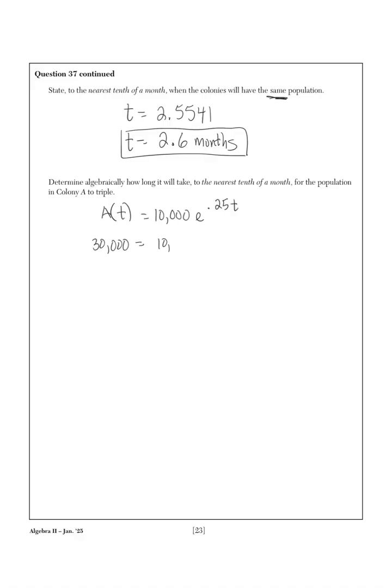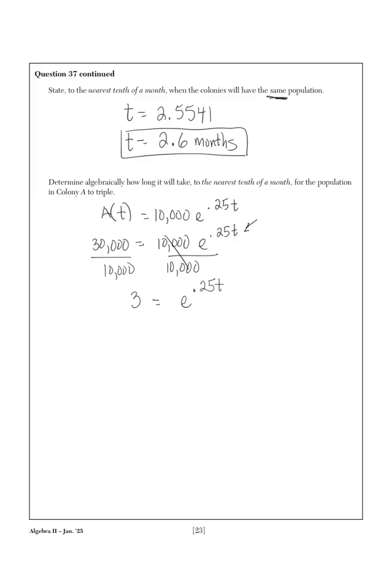I started with 10,000, and I want to find out how long that takes. Well, that's solving for t. So I'm going to start by dividing out the 10,000. So that's 3 equals e to the 0.25t.